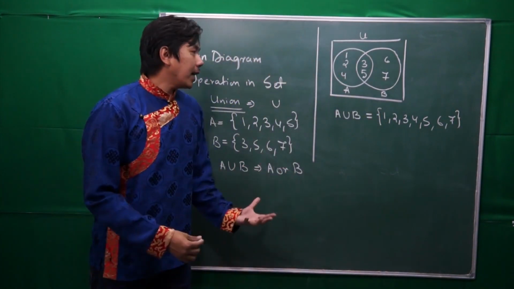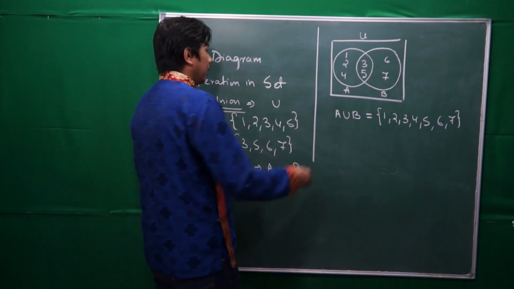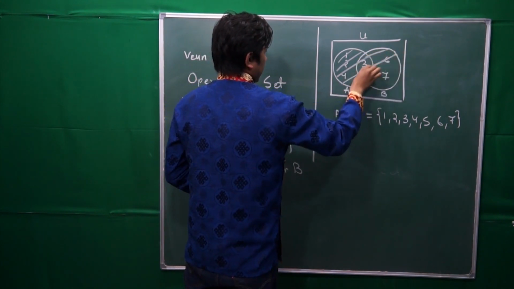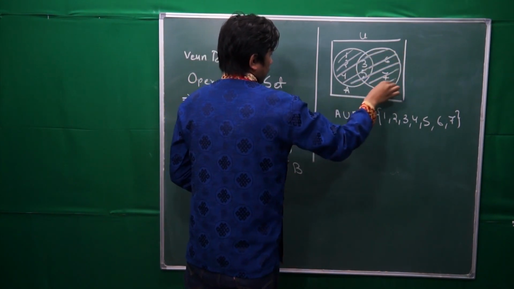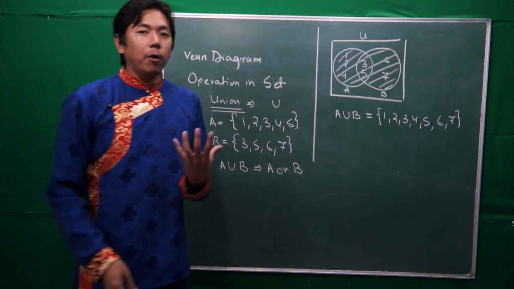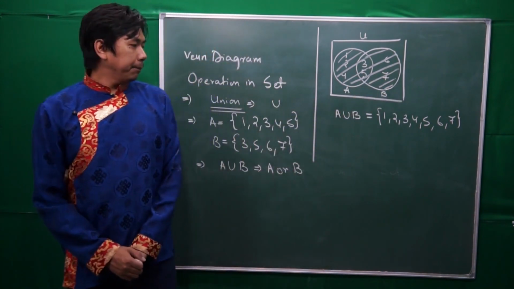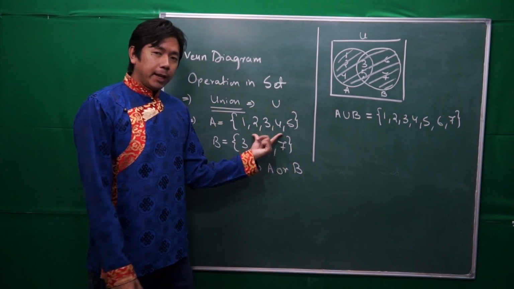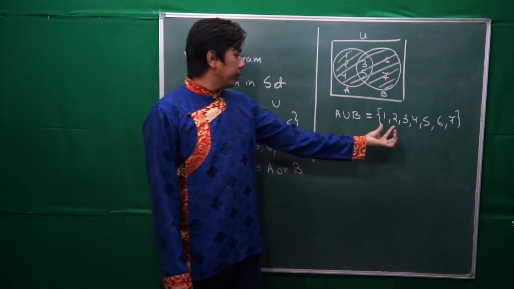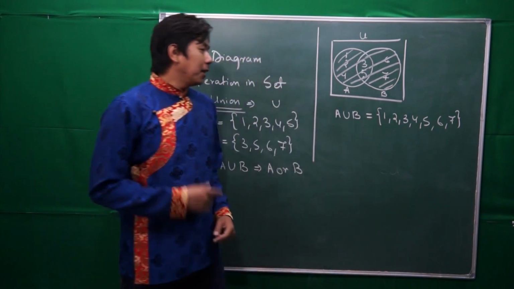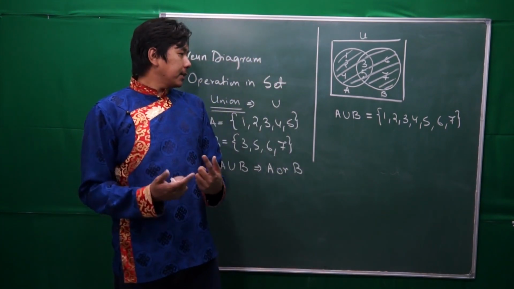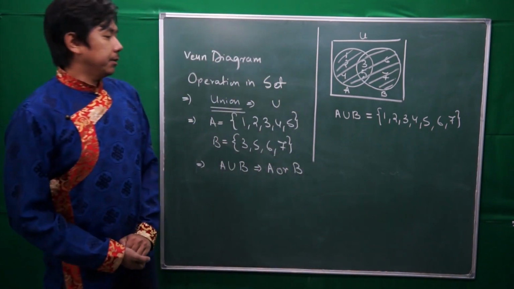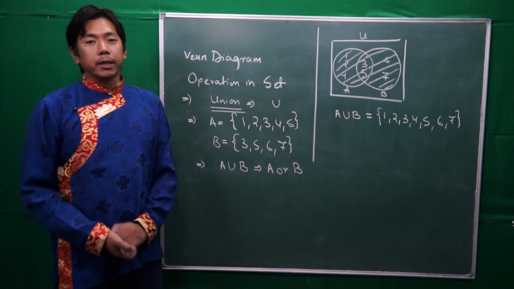In the Venn diagram, if I represent A union B, it would be this whole region. All we needed to do was write all the elements of A and all the elements of B together. But do remember, the elements do not repeat. The elements that are the same will not be repeated. They will be written only once. This is called union, the first operation.